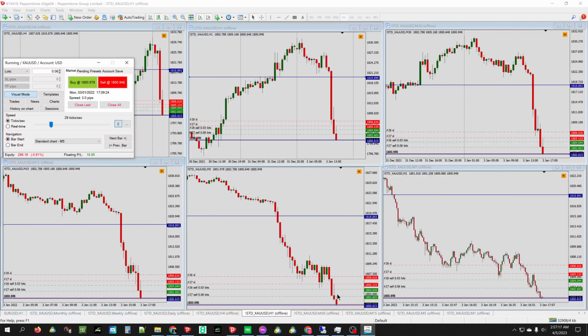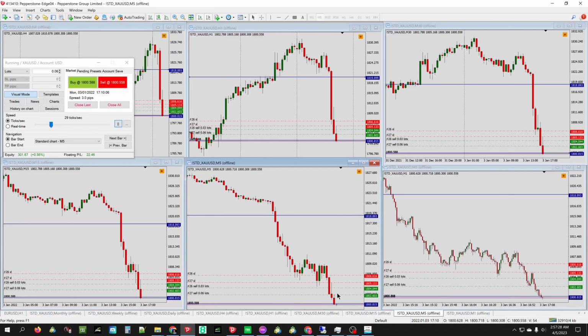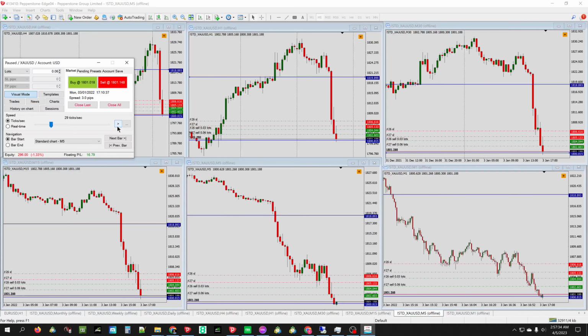Now I will manage my risk based on this M5 candle. If the next M5 candle breaks above the current M5 candle high, I will close my positions. And it seems like we are going to break up just by looking at this M1 time frame.